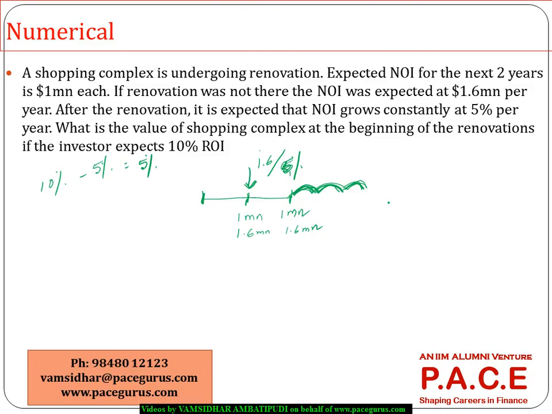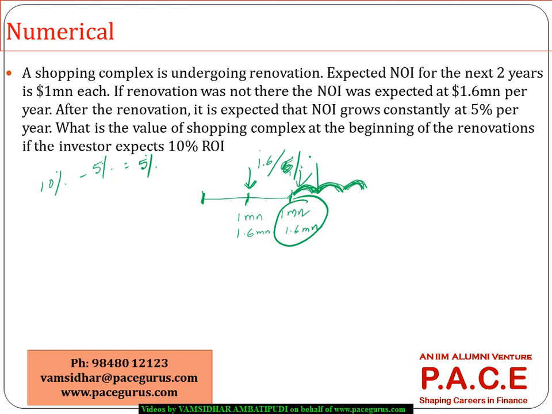Or we can also look at it from this period onwards, because here the growth is not constant, so from this period onwards there could be a growth of 5% per year. What we can also look at is that there is a loss of 0.6 million as of this date.